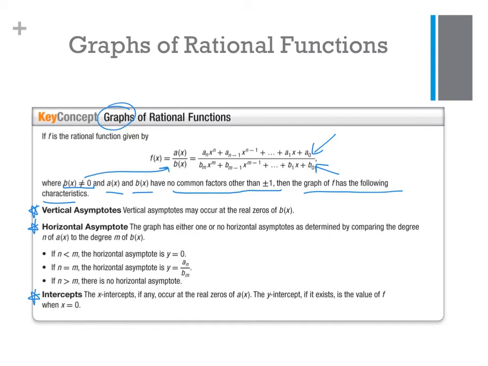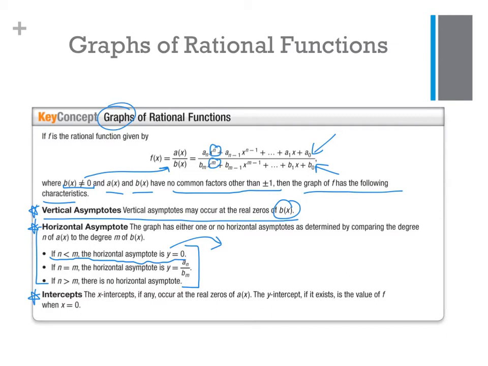So our vertical asymptotes occur when b of x, that bottom function, is equal to 0. And there's a summary here of the horizontal asymptote, which we said before we can determine by using the end behavior, where there are three scenarios that play out.